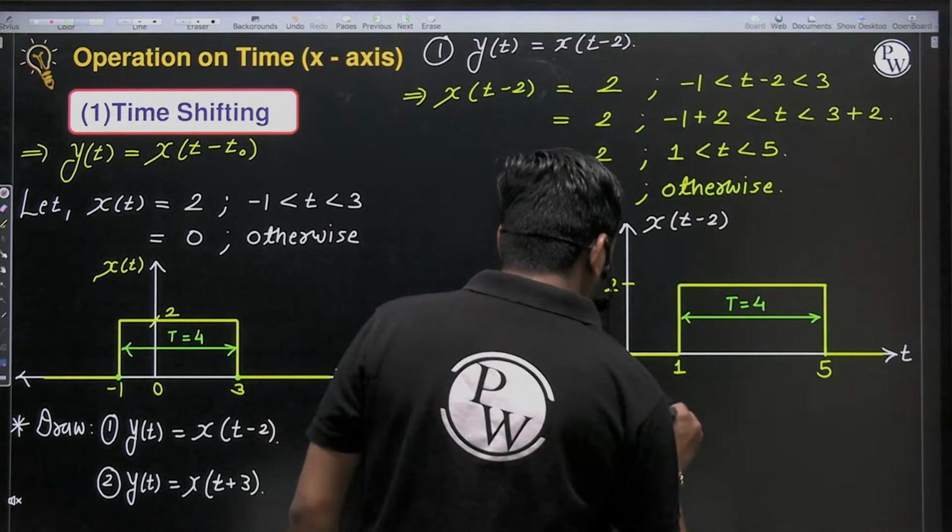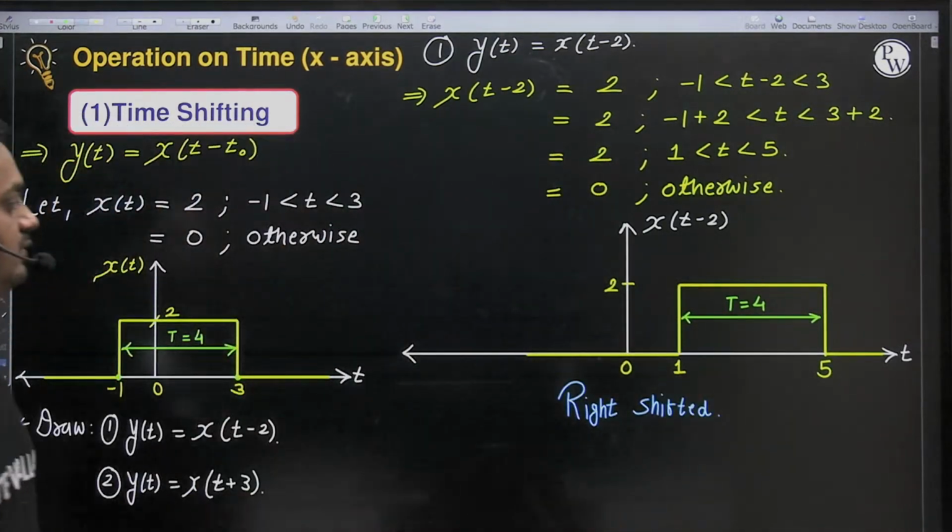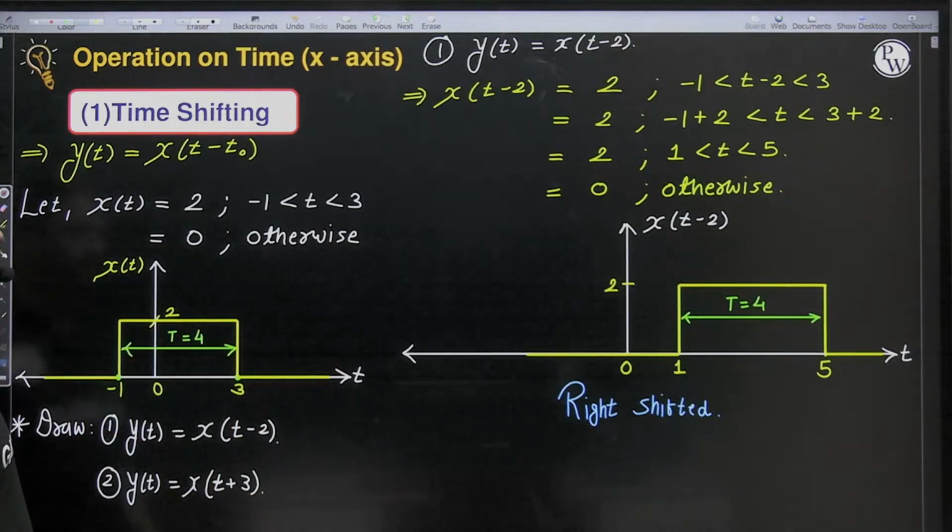Is this x of t minus 2 an advanced version or a delayed version? Tell me in the comment box, advance or delay?